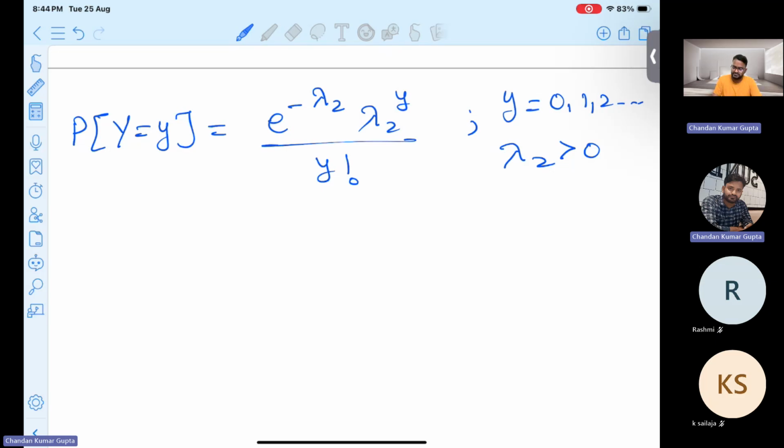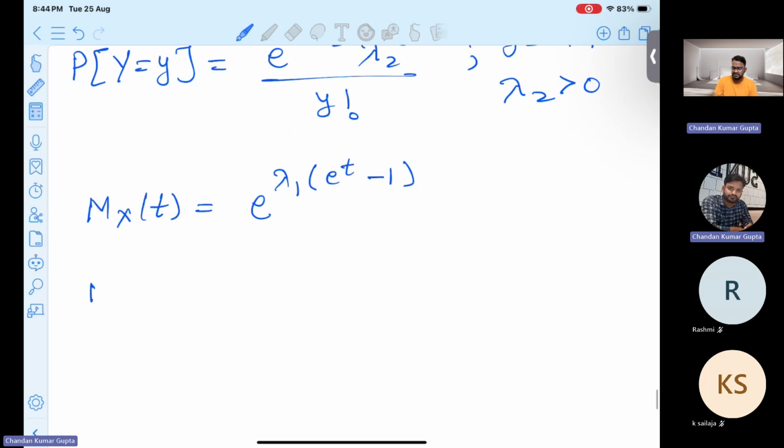We can directly use this MGF. So what is the MGF of the first parameter? e to the power lambda1 times (e to the power t minus 1). This is the moment generating function for the Poisson variate with parameter lambda, and similarly we can write it for the second.